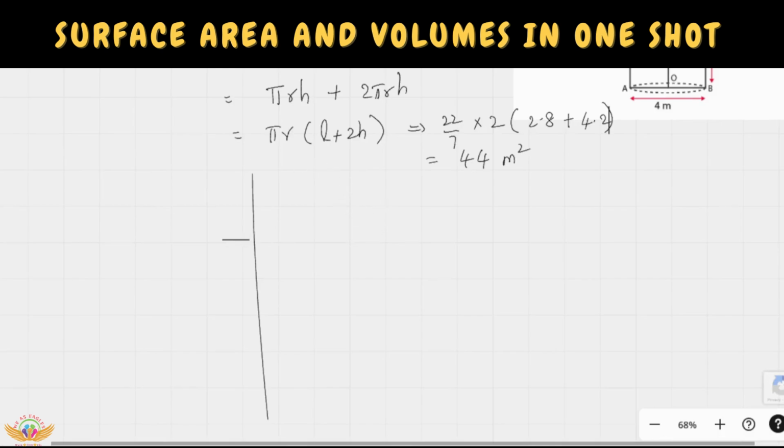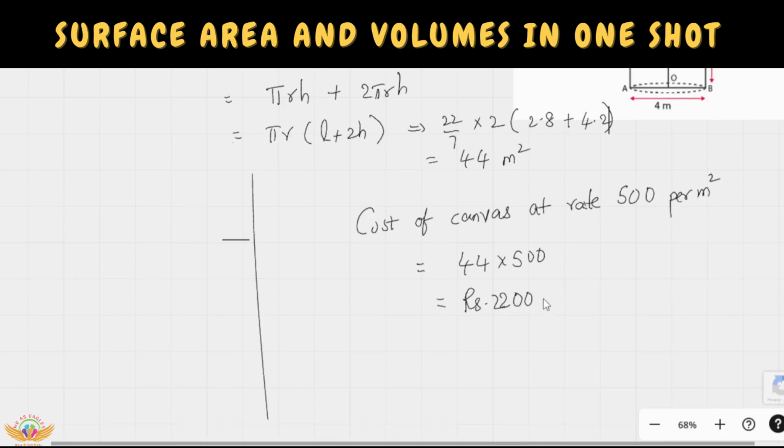So the cost of canvas at the rate of 500 per meter square will be equal to total surface area into 500, and that is equal to rupees 22,000. That will be the total cost.